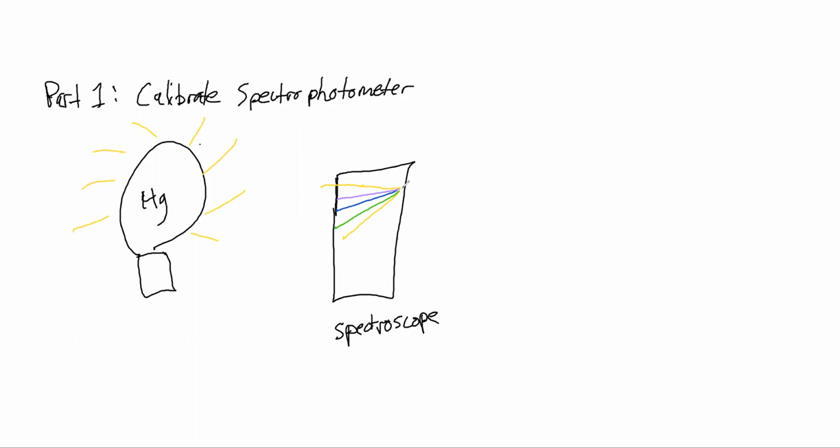So what we're going to do is we're going to measure those distances that we would see over here in order to get an idea about what values we're seeing. So we're going to use a standard from our mercury lamp.